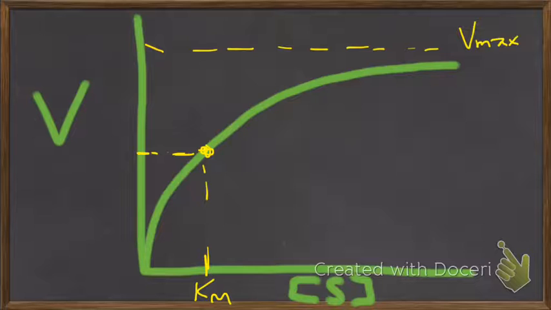Now it says for the competitive inhibitor, what would it look like? I'll put it in red. For the competitive inhibitor, it takes longer but it's going to approach and ultimately make the same Vmax. So for the Km, you go over, and this is the apparent Km for the competitive inhibitor.